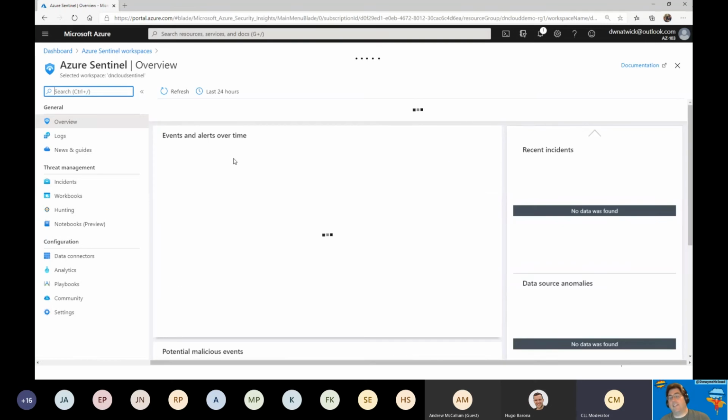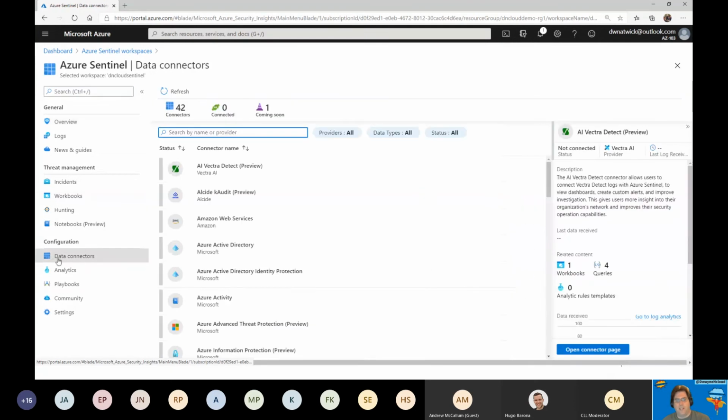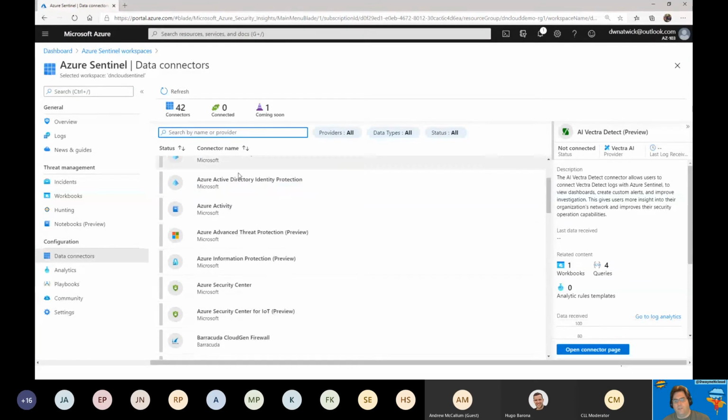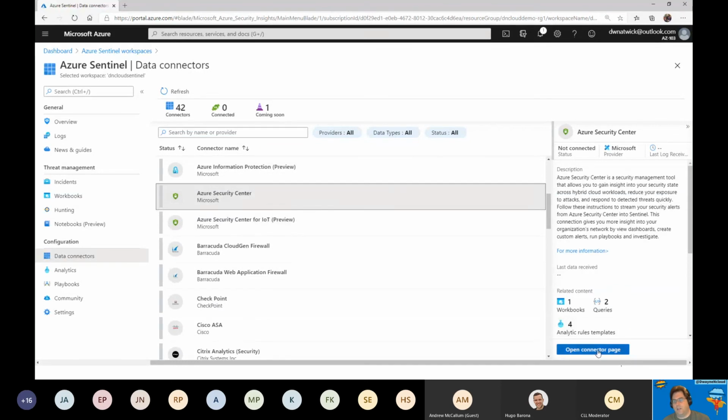Okay, that's an excellent question. They complement each other. When I set up my Sentinel environment, which I now have up and running, you have these data connectors right here in your configuration, and you can configure all of the services right within Azure Sentinel, and Security Center is one of those connectors.